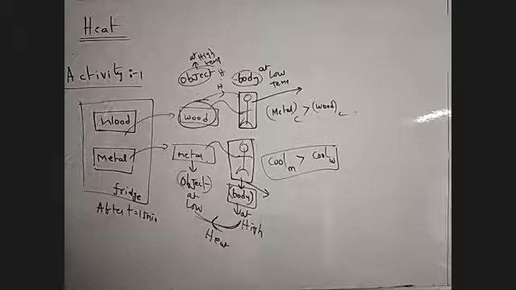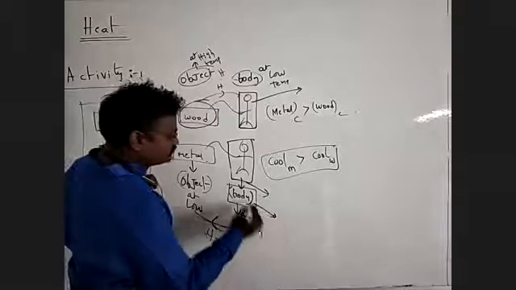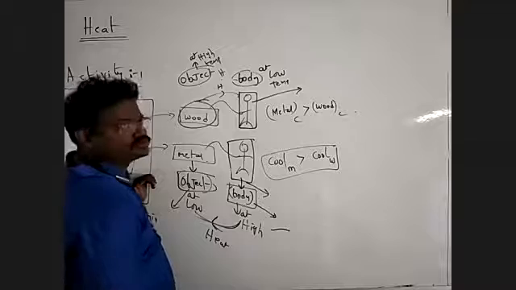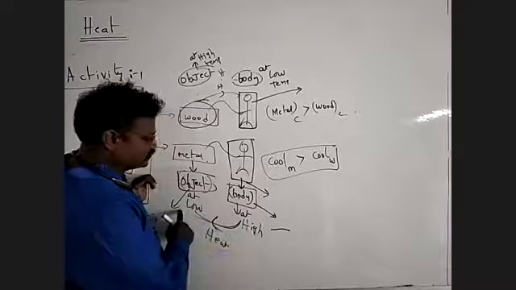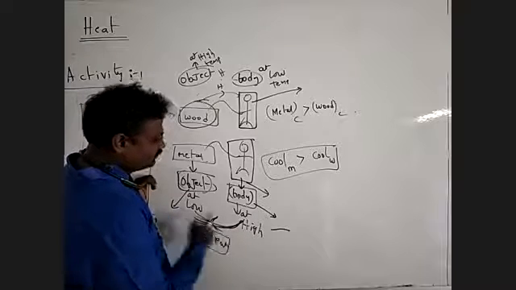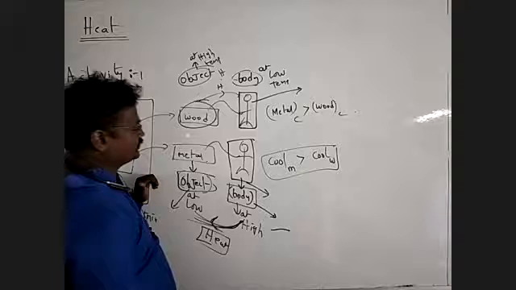This is activity one. So this is a body at high temperature. This is a body at low temperature. Heat flows from the high temperature body to the low temperature body. This is heat flowing.